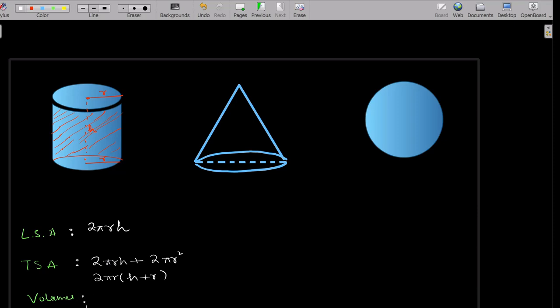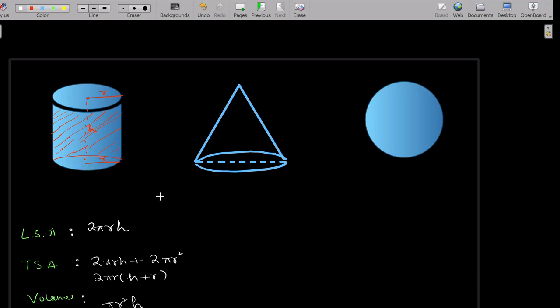And the volume, wouldn't that just be pi r squared times the height? Yes, pi r squared times the height. For volumes, what we also do is we take the area of the base and we multiply that by the height.